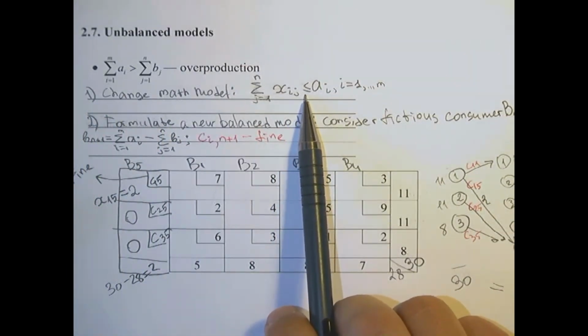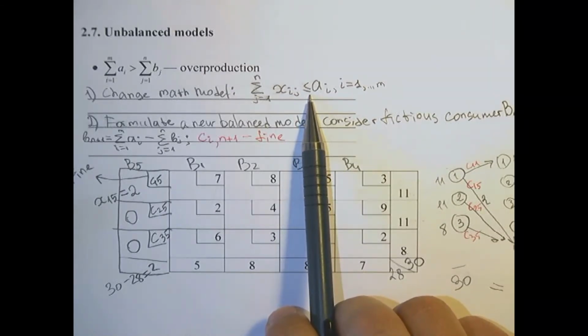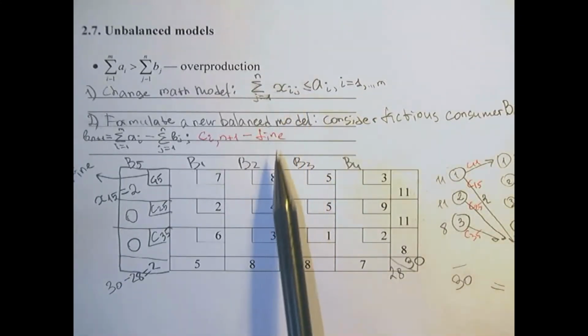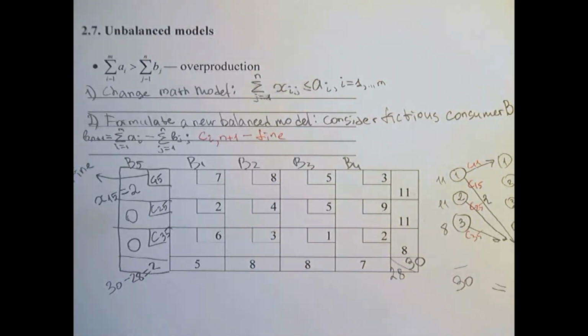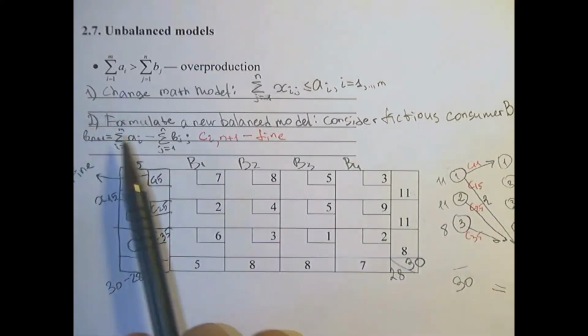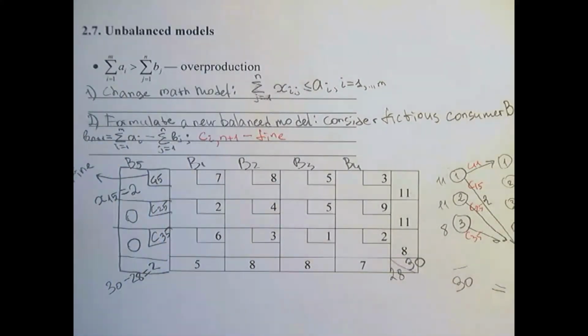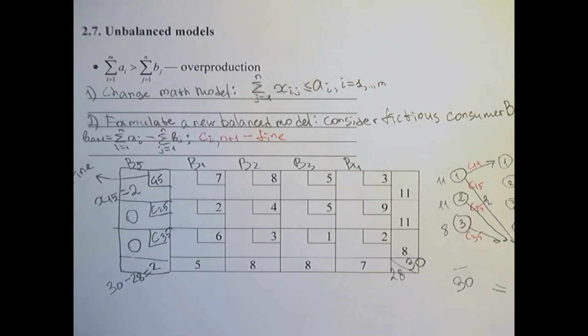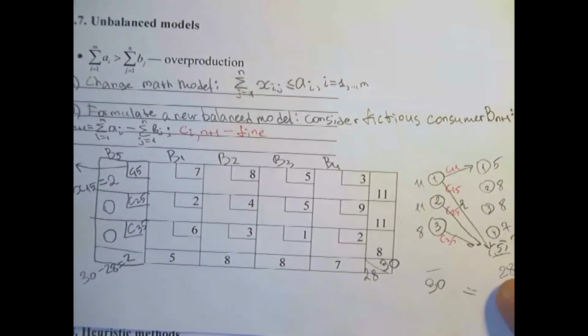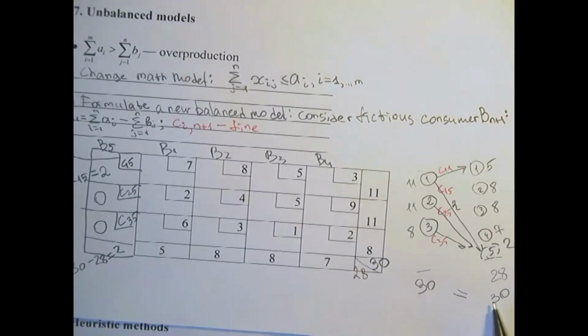We change equalities to inequalities for the restrictions of the supply sides. If there are penalties for leaving extra production units at our suppliers, we should consider the second approach, and formulate a new balanced model in which there is a fictitious customer, and this model is balanced.